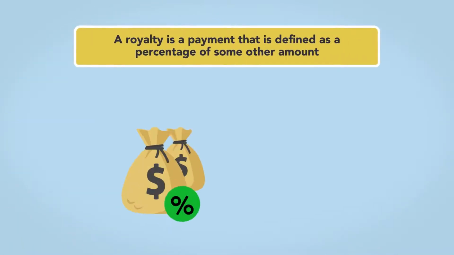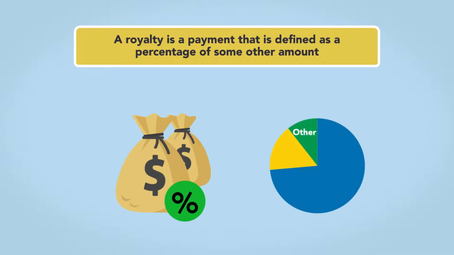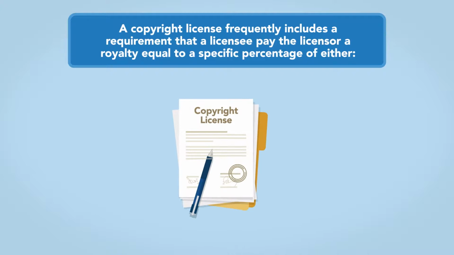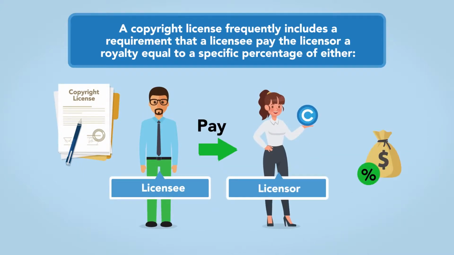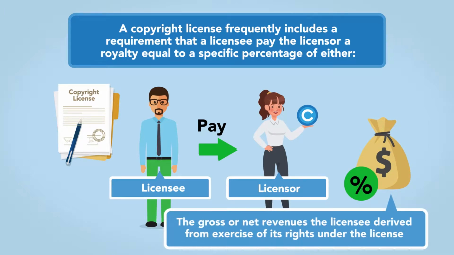A royalty is a payment that is defined as a percentage of some other amount. For instance, a copyright license frequently includes a requirement that a licensee pay the licensor a royalty equal to a specific percentage of either the gross or net revenues the licensee derived from exercise of its rights under the license.